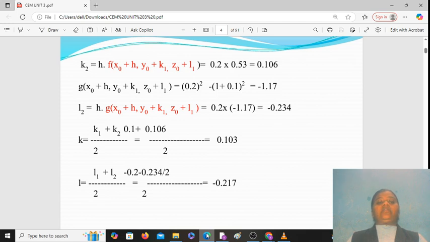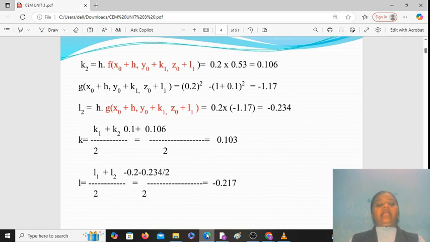Now we calculate K2. K2 is equal to h into f of x0 plus h, y0 plus k1 and z0 plus L1, which is equal to 0.2 into 0.53, which is equal to 0.106. g in bracket x0 plus h, y0 plus k1, z0 plus L1 bracket complete is equal to 0.2 bracket square minus 1 plus 0.1 bracket square, which is equal to minus 1.17.